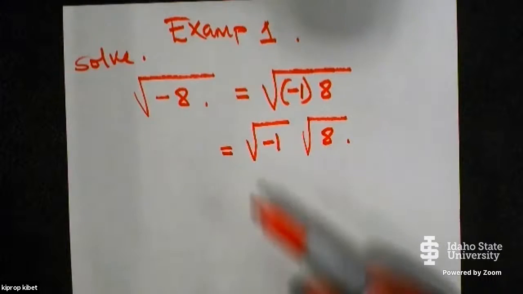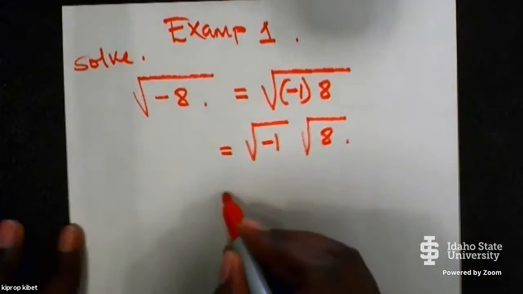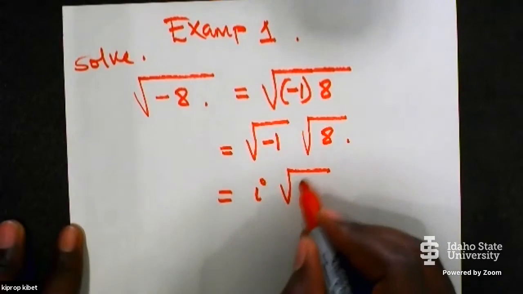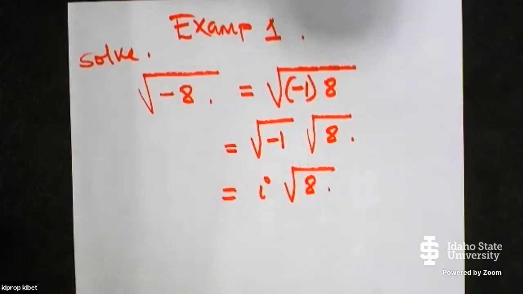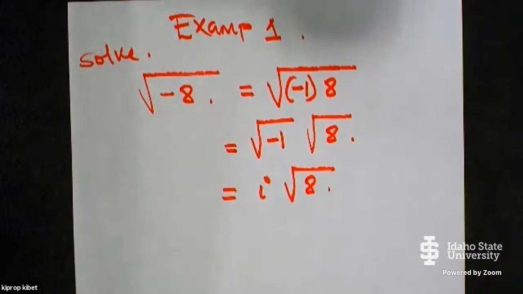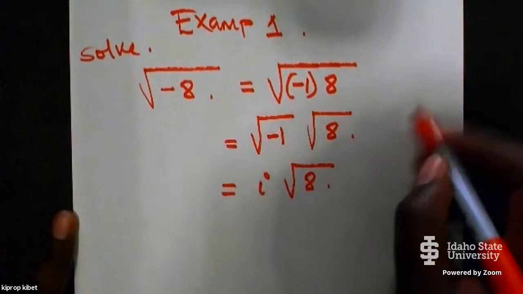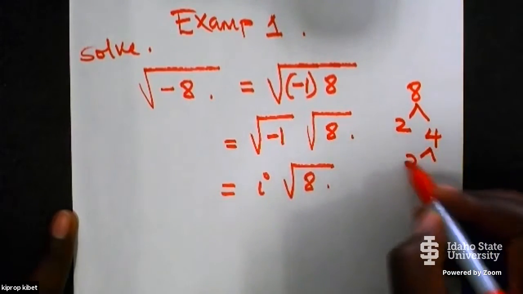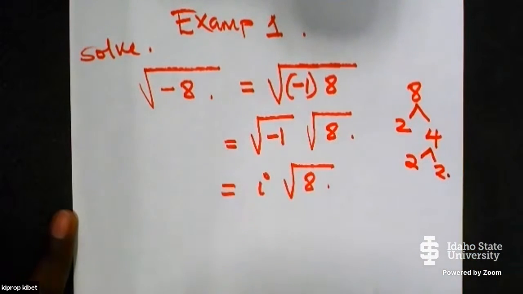So we say the square root of -1 is i, times the square root of 8. Again, we need to simplify the square root of 8. 8 is 2 times 4, then 2 times 2.